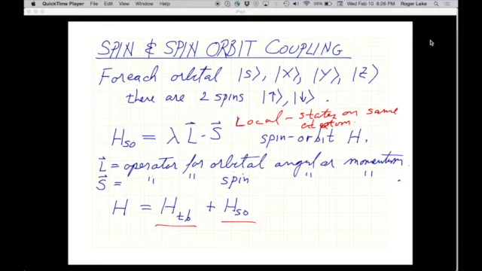So it's only going to couple A to A, or B to B, at least in this approximation, the way it's used.